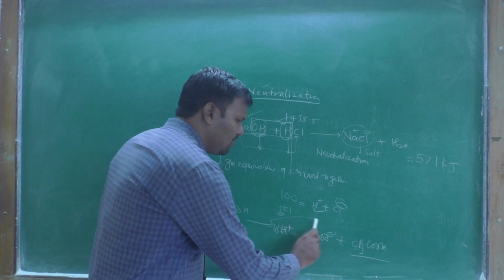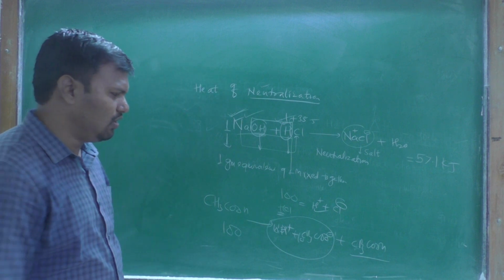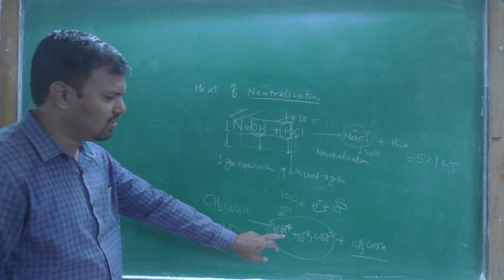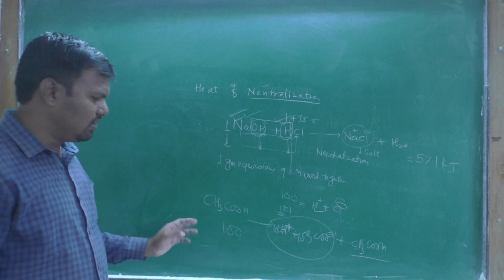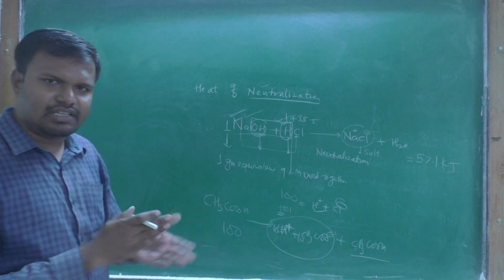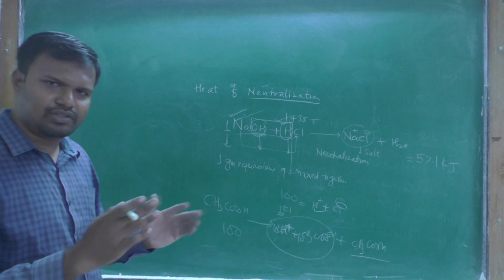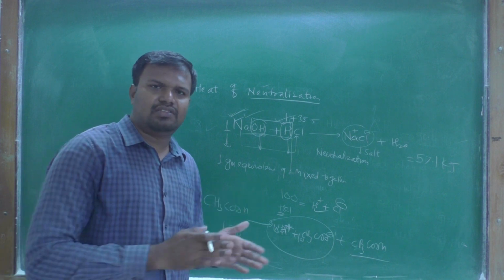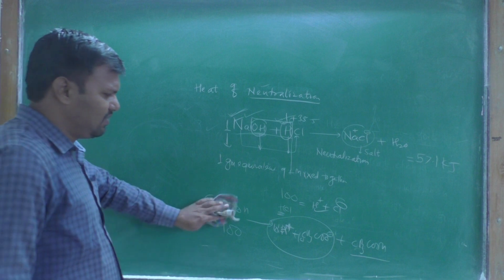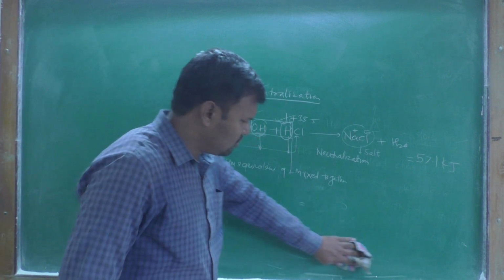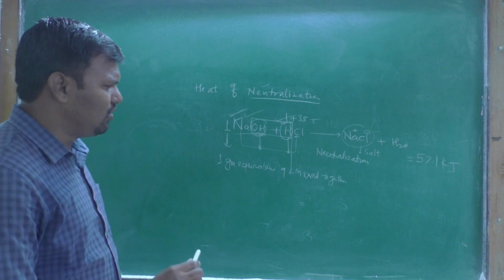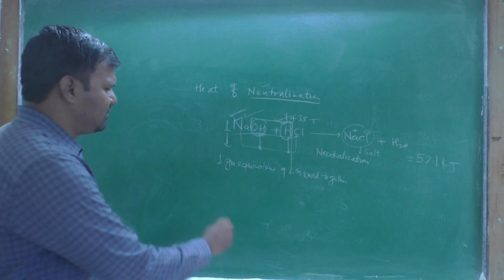Only some molecules dissociate, very small dissociation, so the separation of ions is very less. That's why those acids and bases are called weak acids and bases.